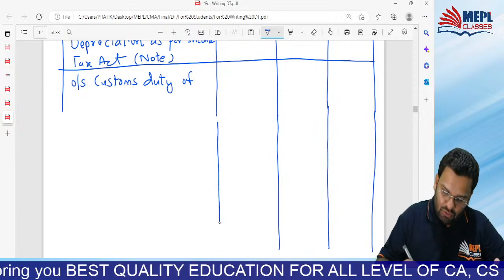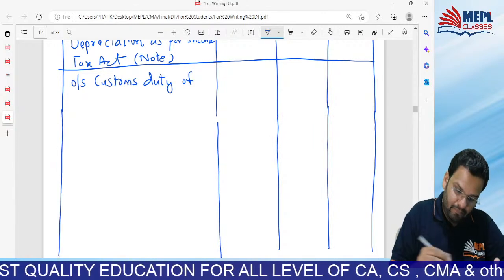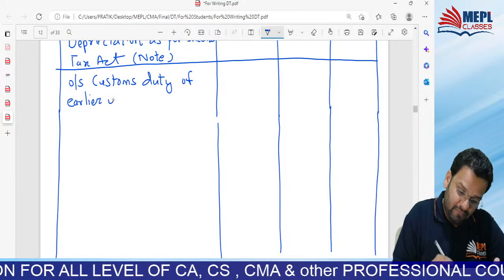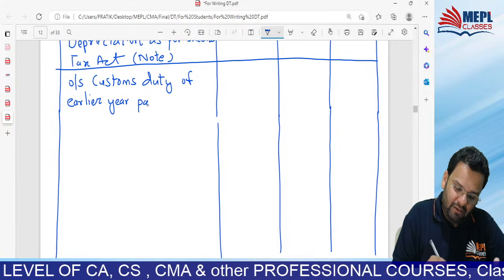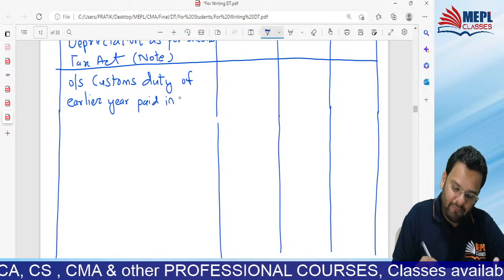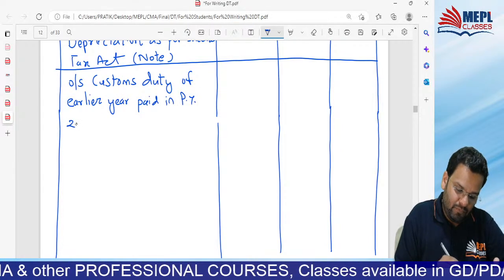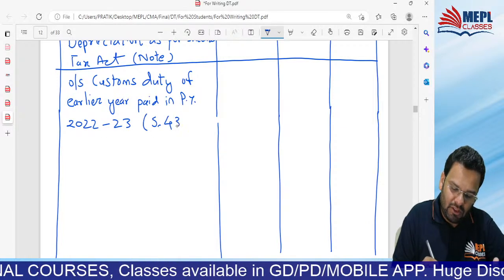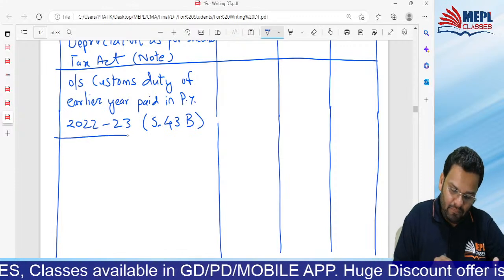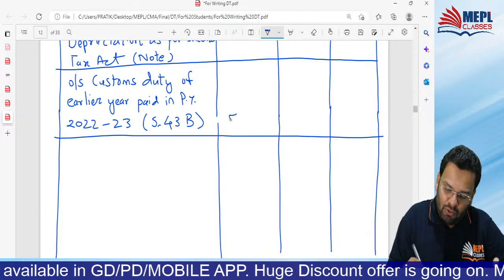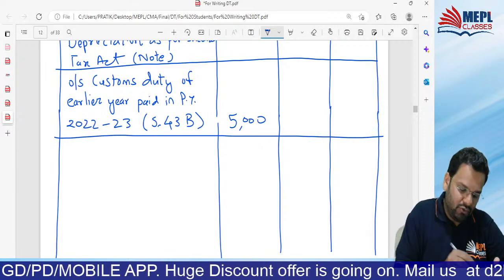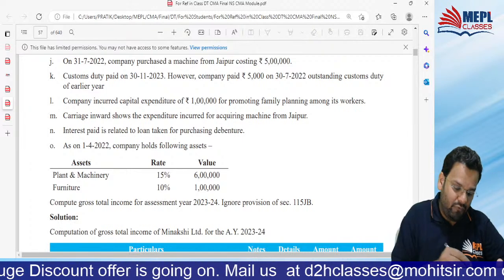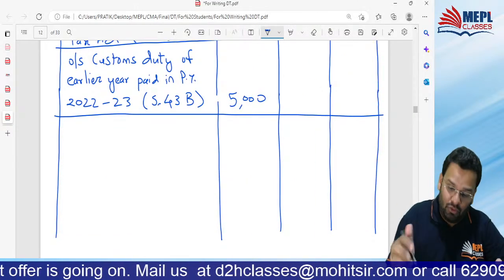Outstanding customs duty of earlier year paid in PY 22-23. So it is allowed as per 43B. And that amount, mind you guys, is 5,000. It's given here, 5,000.